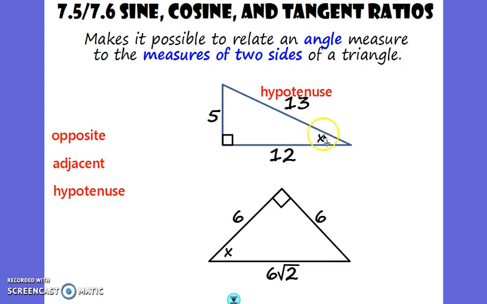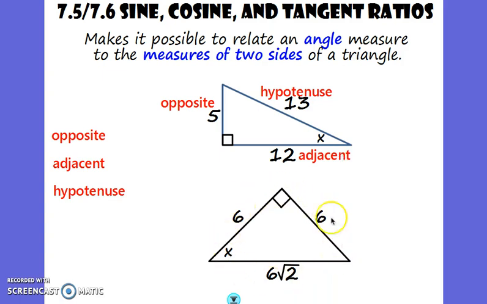If we're thinking about a specific angle, we can talk about what side is opposite that angle. The side opposite that angle doesn't even touch that vertex, so it's way over there. And the third side, the other leg, is the adjacent side. So that's kind of the first step. You're going to have to be able to identify those.